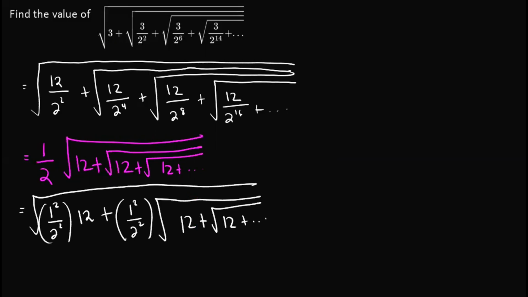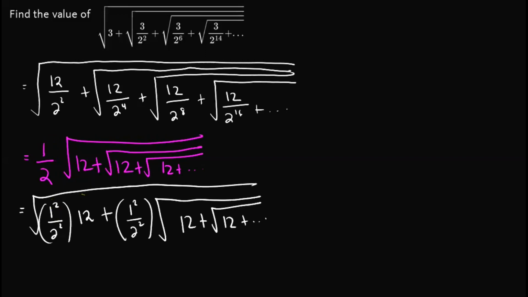The reason that it became 1 squared over 2 squared is that we put this 1/2 inside the square root function. That means it must gain a square out here, so that when we bring it out back again, it will still have 1/2.